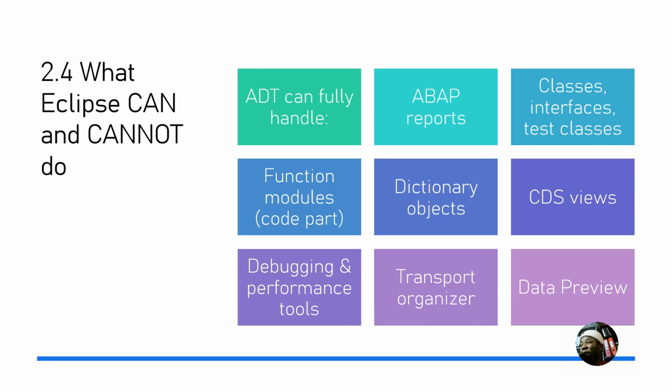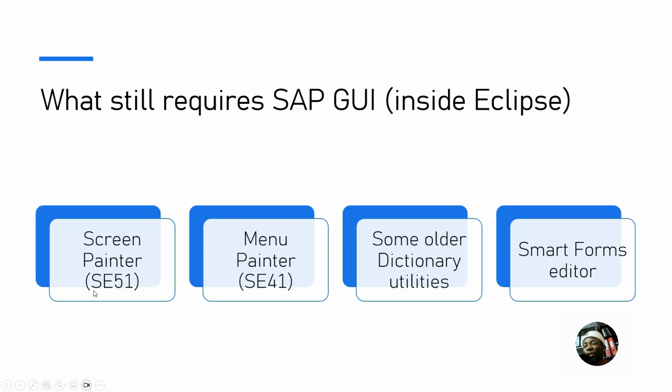So all this you can do with Eclipse ADT. The screen painter, which uses transaction code SE51, the menu painter, which is SE41, and also some older dictionary utilities, and also smart forms editors actually. So don't worry, ADT will open these in an embedded SAP GUI, so everything still stays inside Eclipse.